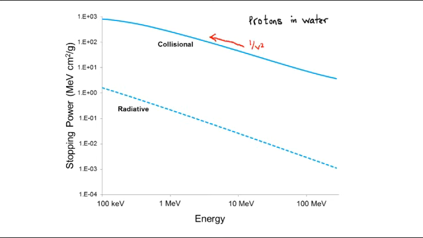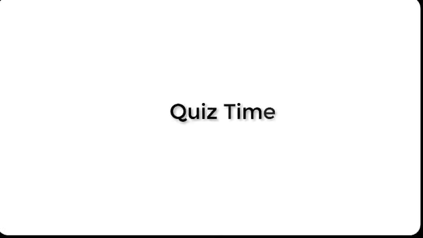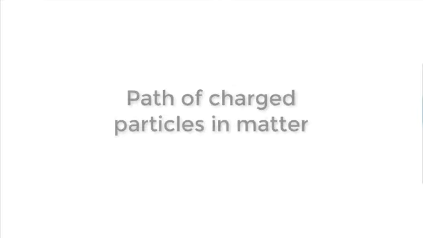All right, now let's move on to not just how much energy is lost by the particle, but how they actually travel in matter. Basically, I think here the important thing is just to have a qualitative understanding of how the different particles travel in matter.